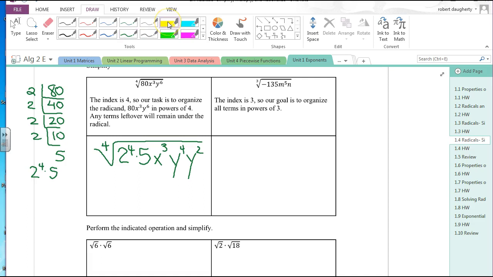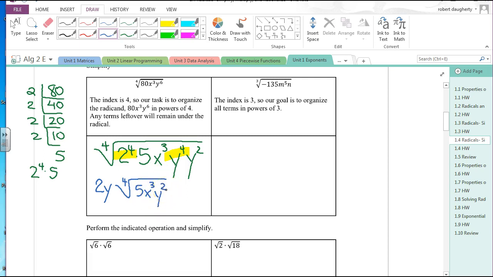Which of these things now is perfect fourths? Yeah, this one and this one. Okay, so what's the fourth root of 2 to the fourth? 2. Fourth root of y to the fourth? Y. And then what am I left with? 5 x cubed y squared.